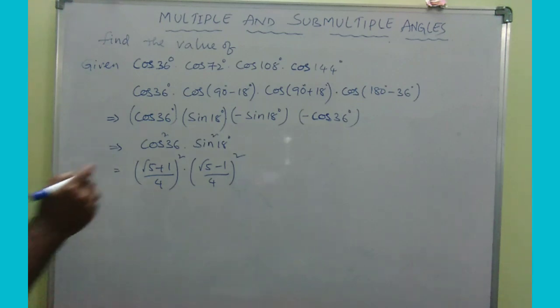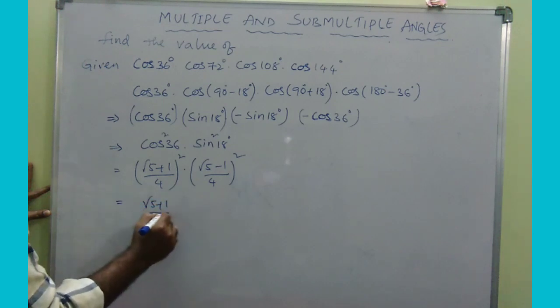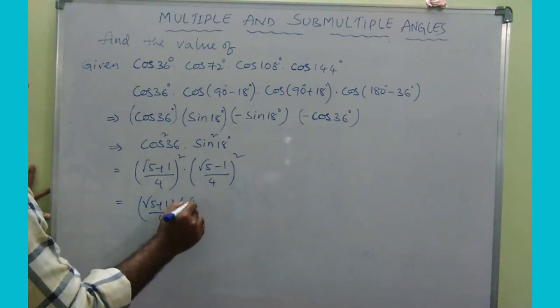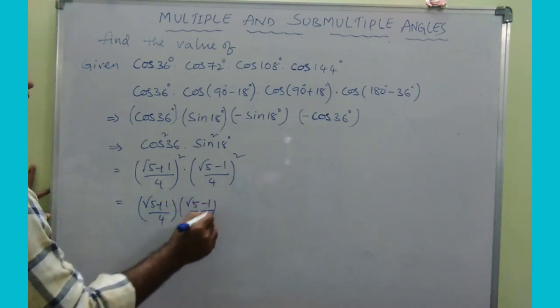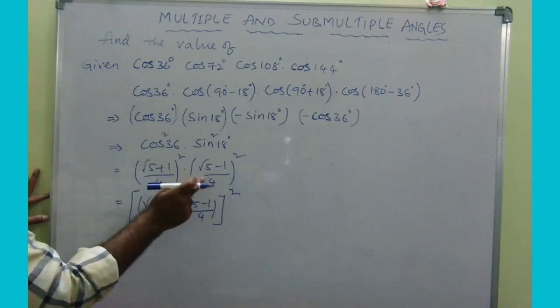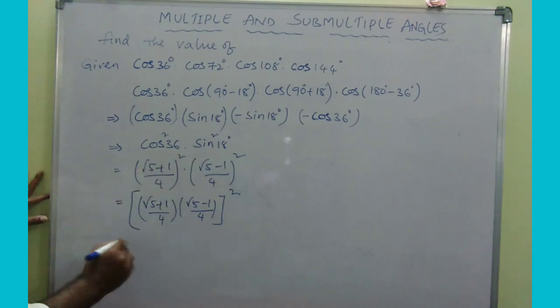So then, because both are squares, can I write it as (root 5 plus 1 by 4) into (root 5 minus 1 by 4) entirely whole square, isn't it? A square into b square can be written as (a into b) whole square.